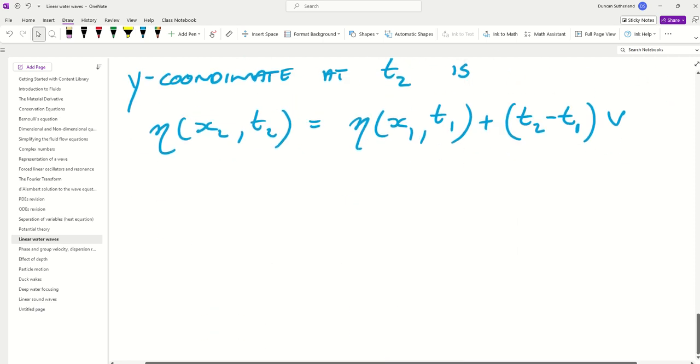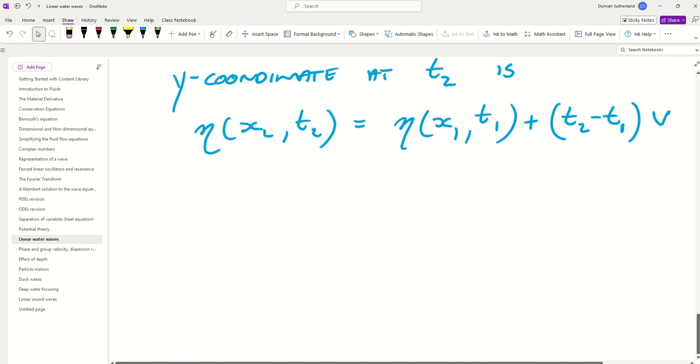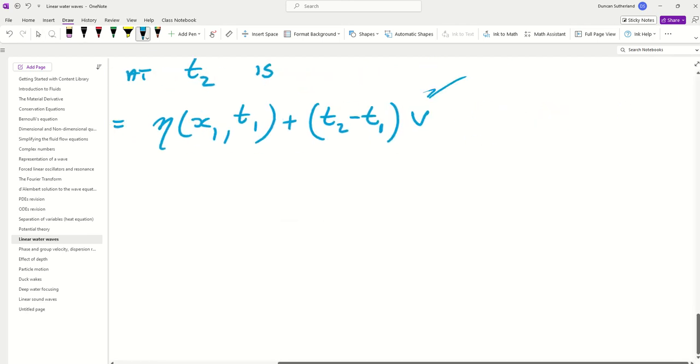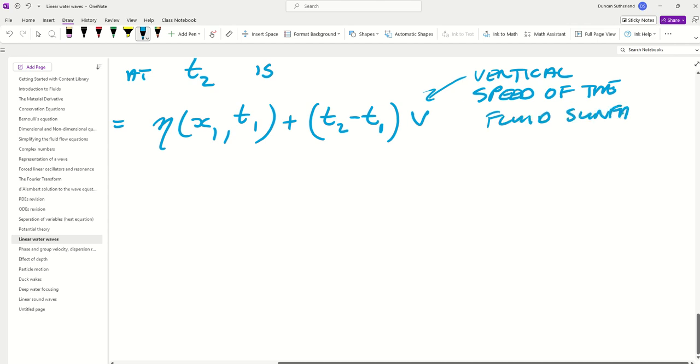We haven't actually solved for v yet, but we're going to do so through Laplace's equation, and so relating eta to v at the moment is a useful thing to do. So this is the vertical speed of our wave, or our water surface. And this is the time interval.